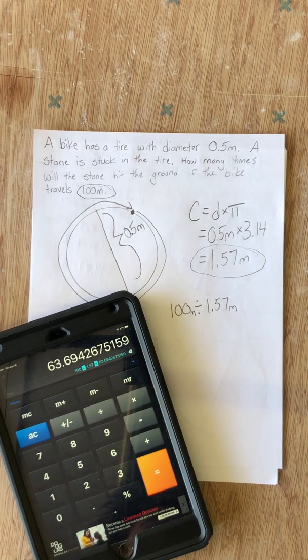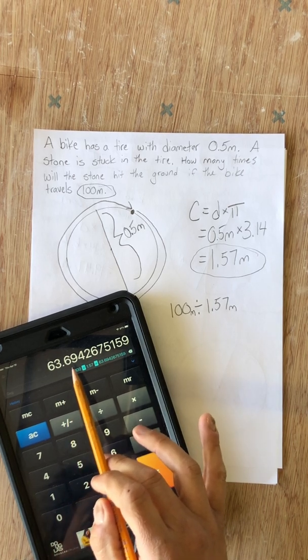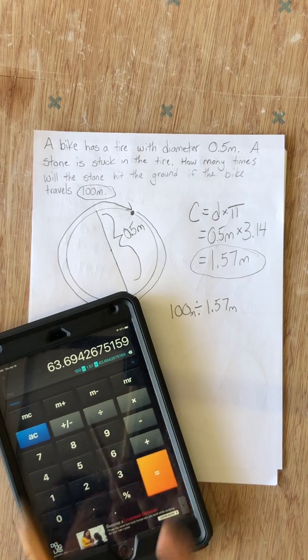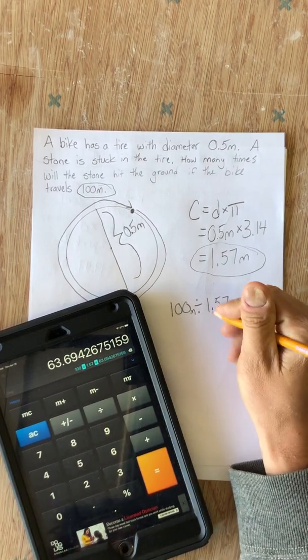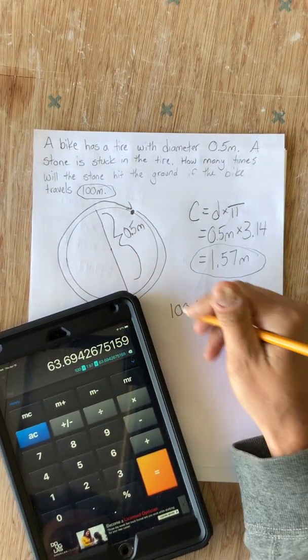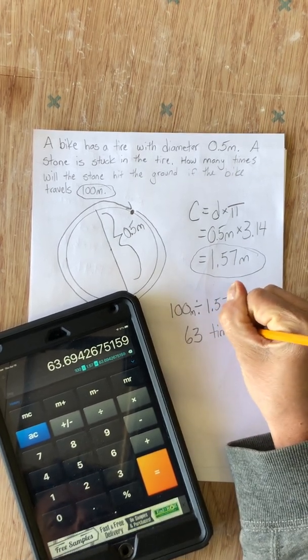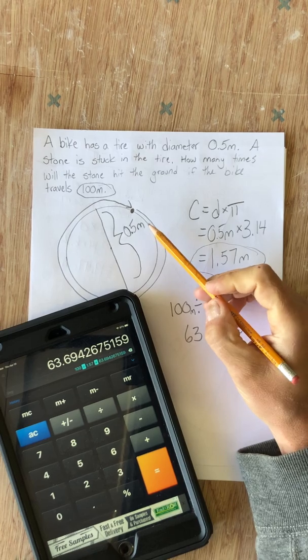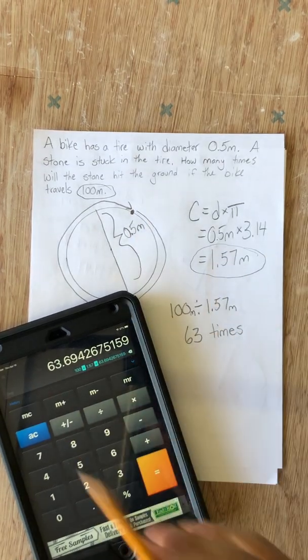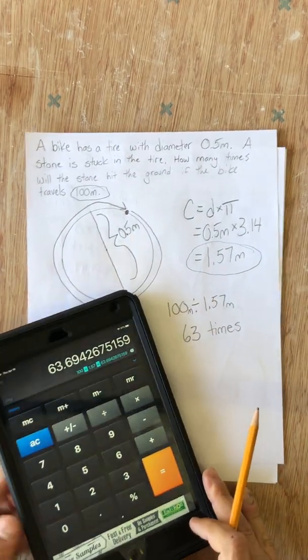So the stone is going to hit the ground 63 times, and it might almost hit a 64th time, but it's still only going to be 63 times. So that stone is going to hit the ground 63 times. My tire is going to make 63 full turns in that 100 meters.